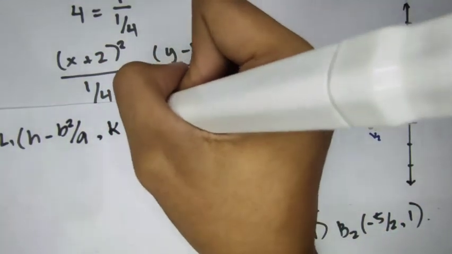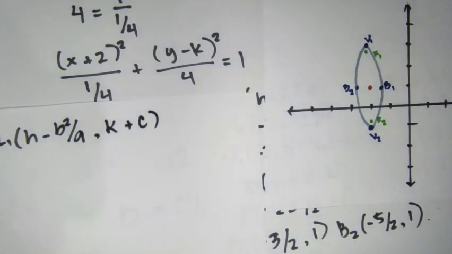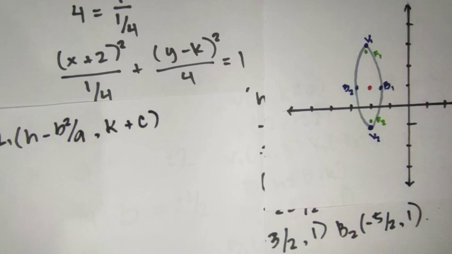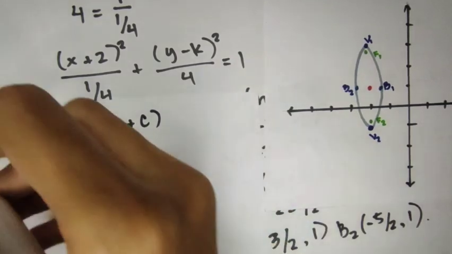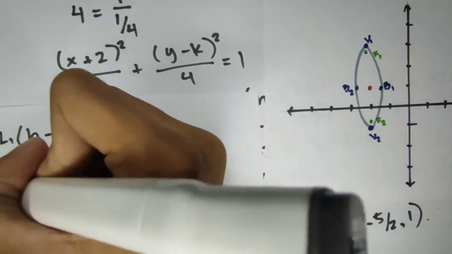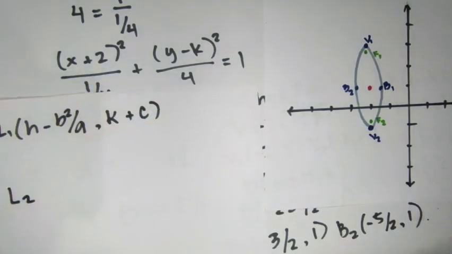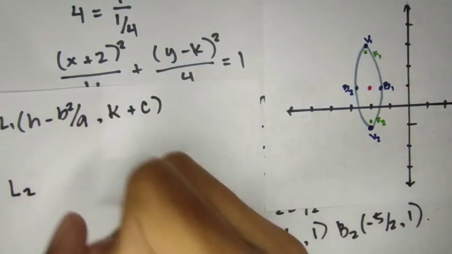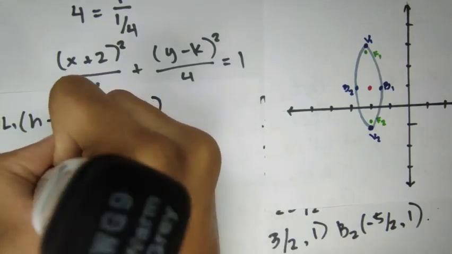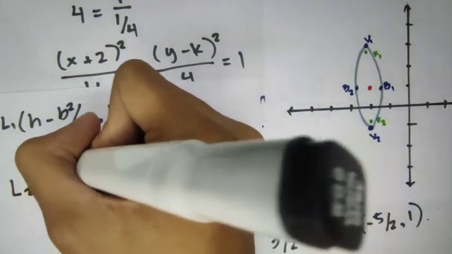With that general equation, you can derive 4 equations, and then you will have 4 distinct points, and that would be your 2 latus rectum.